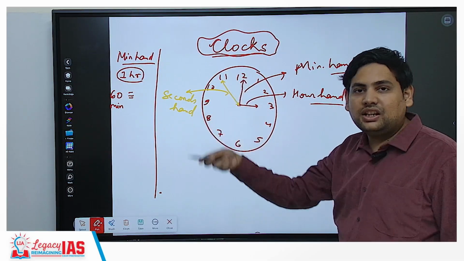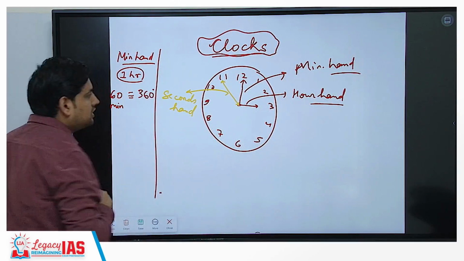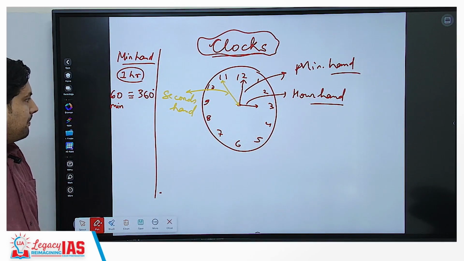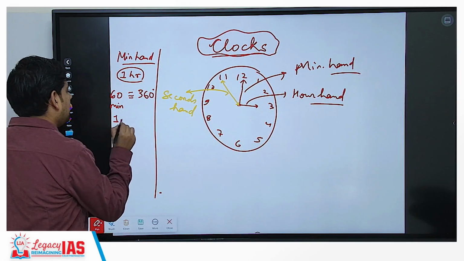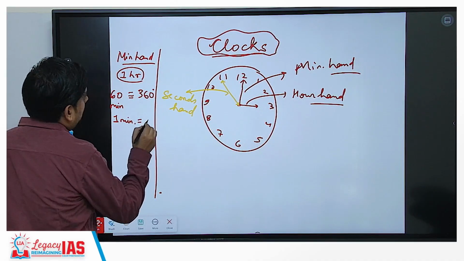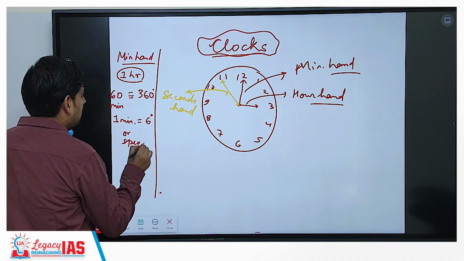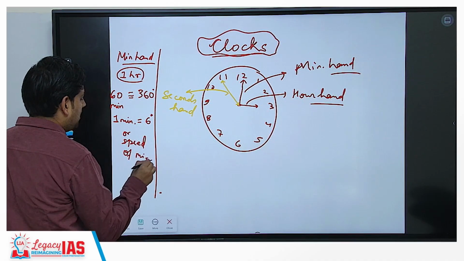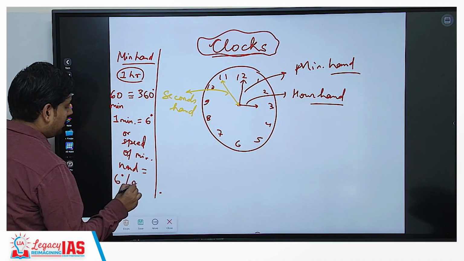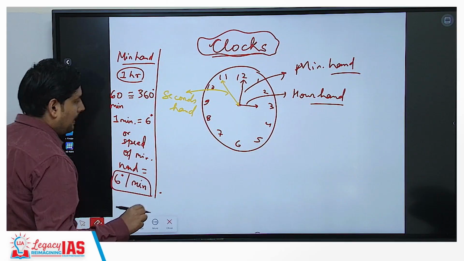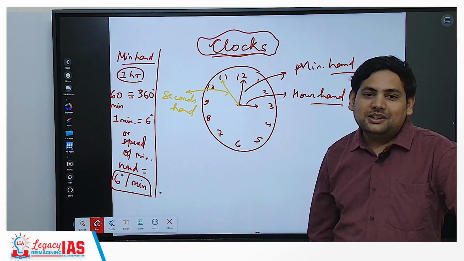That is 360 degrees. In 60 minutes, it rotates 360 degrees. Now, if in 60 minutes it covers 360 degrees, then in 1 minute it covers 6 degrees, and this becomes the speed of the minute hand. So, the speed of the minute hand comes out to be 6 degrees per minute. That's it. Simple. 6 degrees per minute is the speed of the minute hand.